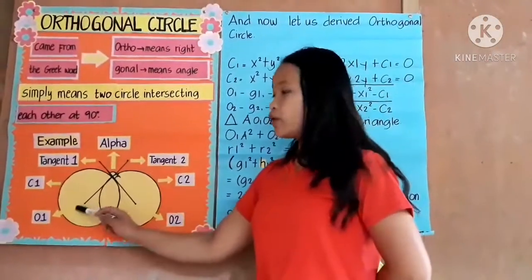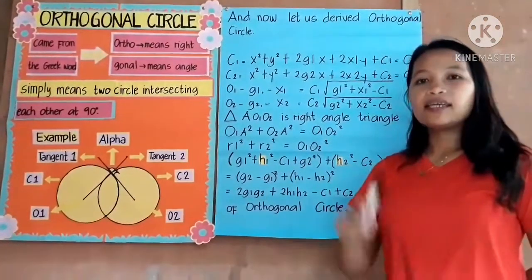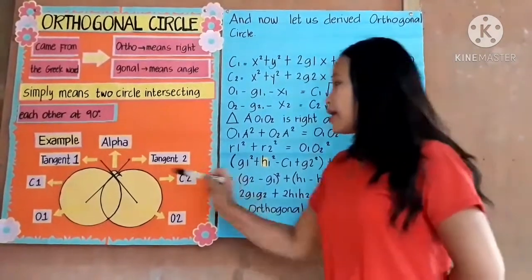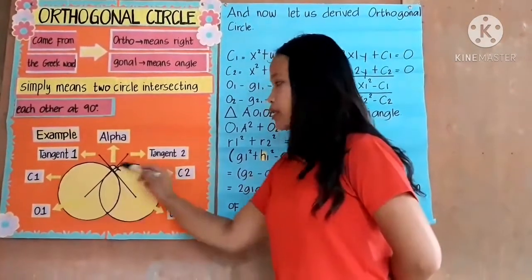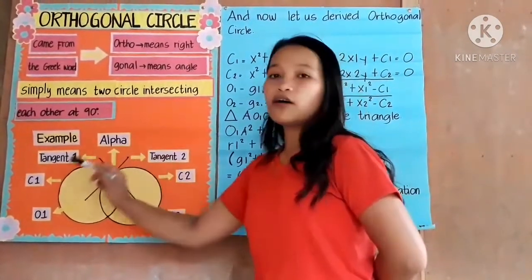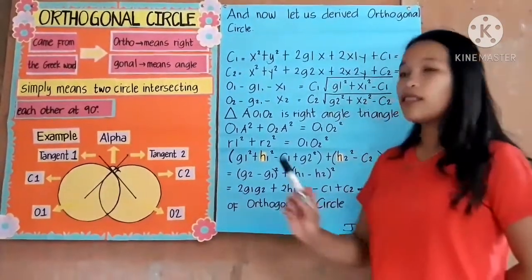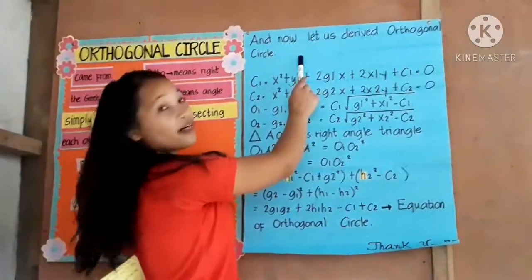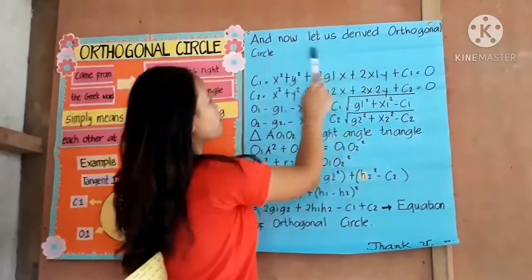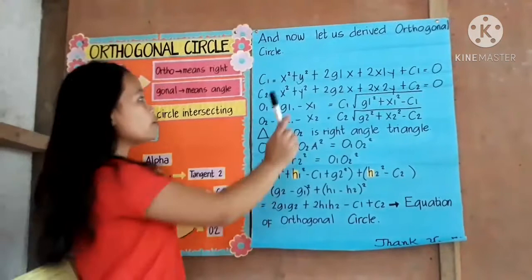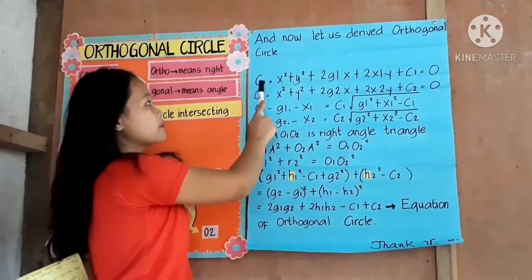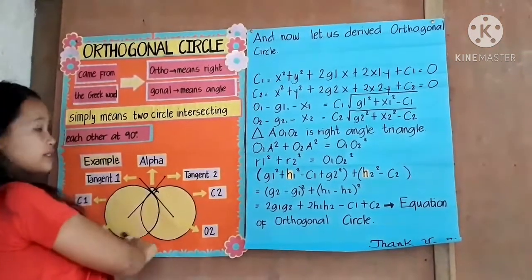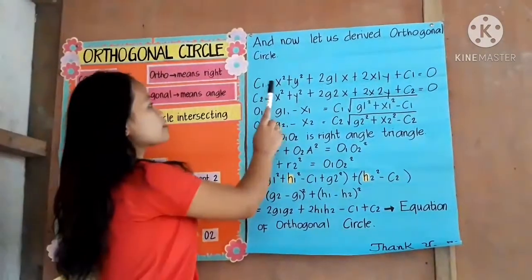First, we need to derive a condition that is satisfied if these two circles are orthogonal. So, let's start with C1. Now let us derive the orthogonal circle condition.